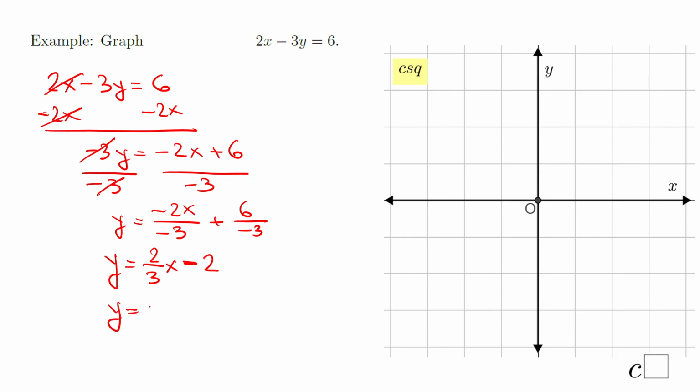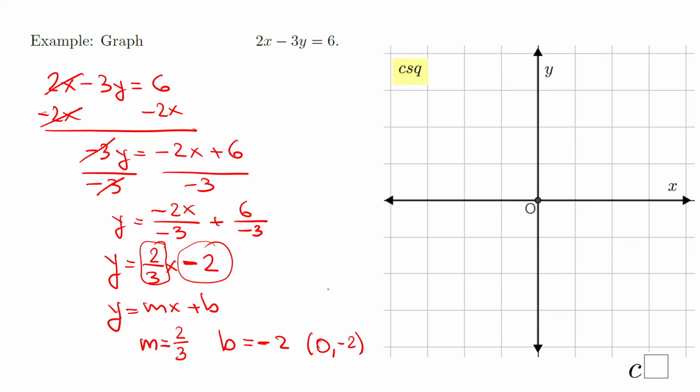So now again, I'm going to write the slope-intercept form, and I'm going to identify the m. The m is the number that goes next to the x, 2/3 in this case, and the b is the number that has no x. Be careful, in this case is -2, right? Or you may want to write it as an ordered pair 0 and -2.